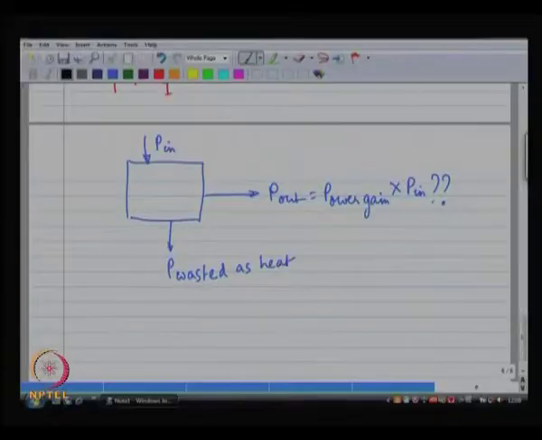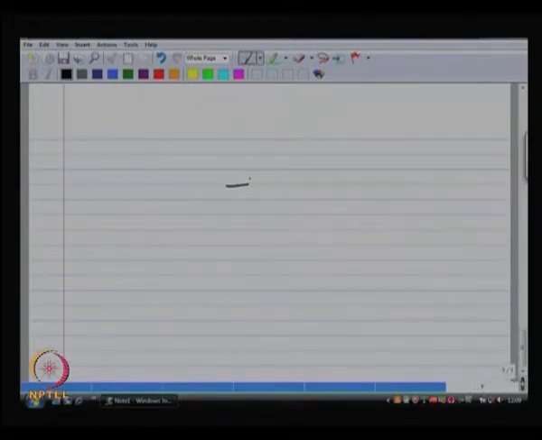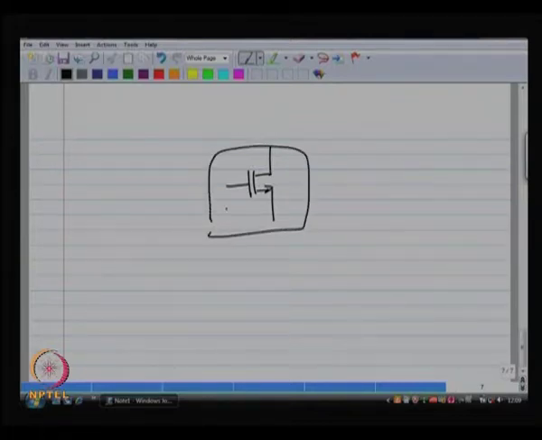We are talking about an active circuit. An active circuit is something that has an additional power supply. So, we have a MOSFET, probably a bipolar junction device, whatever you want it to be, anything that is an active component, and power into this system. Let us say this is my system.